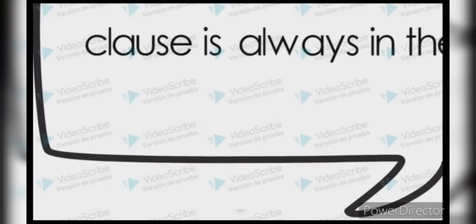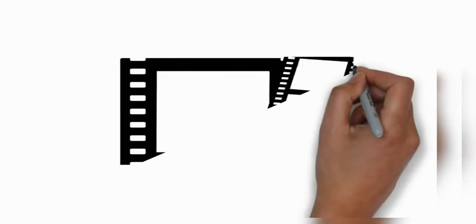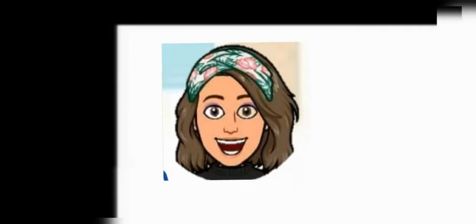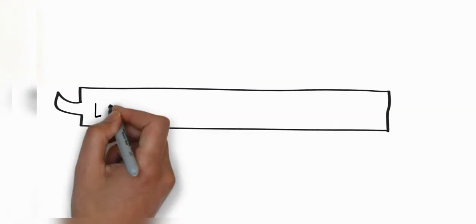Now we will continue with some examples. Okay, so in this case we are going to see some examples with me. Here we have some pictures, so please look carefully at the pictures.